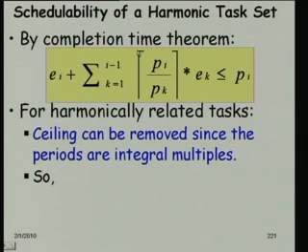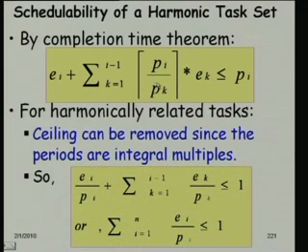So, the ceiling is not required here. If we remove the ceiling, then we get Ei by Pi plus the sum over k equal to 1 to i minus 1 of Ek by Pk is less than or equal to 1.